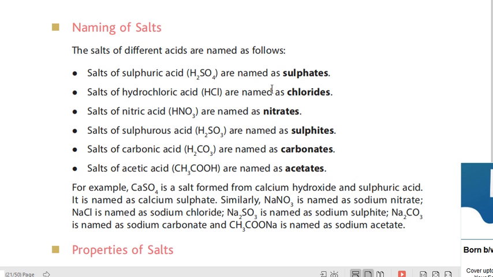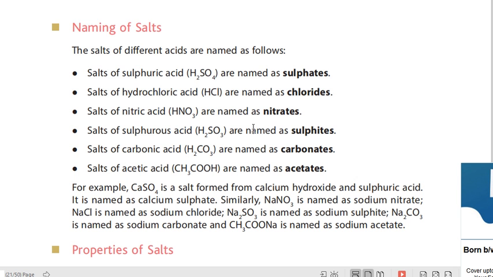So the naming of salt is done by both acidic and basic substances, but at the last the name of the acid component will be there, and that's why it is categorized as the type of salt, that is sulfate salt, chloride salt, nitrate salt, based on the acidic part of the chemical reaction.